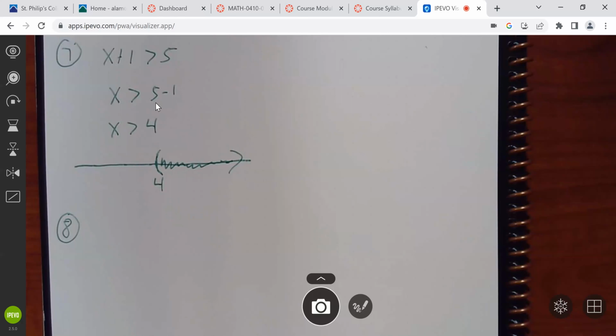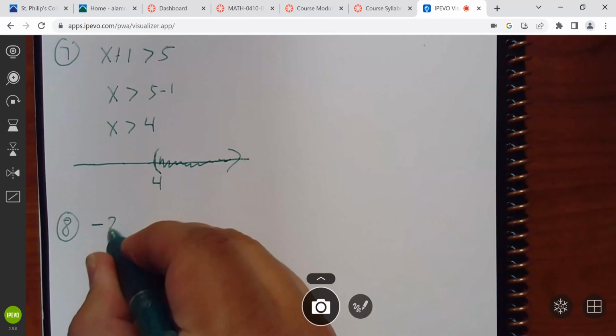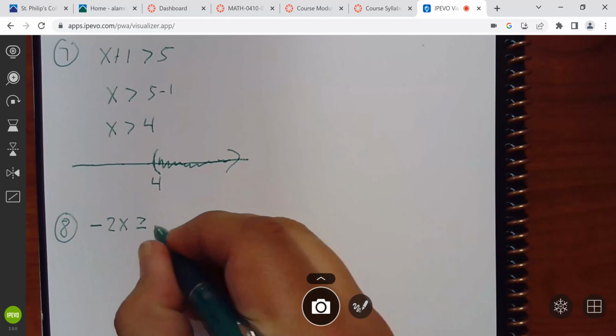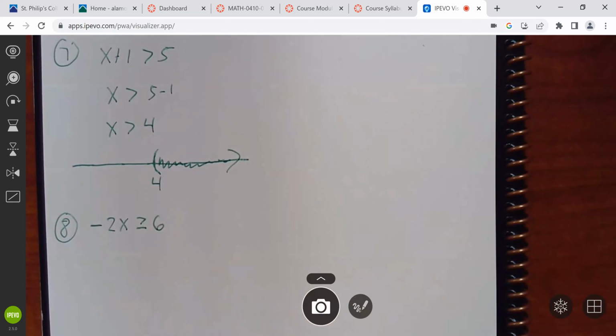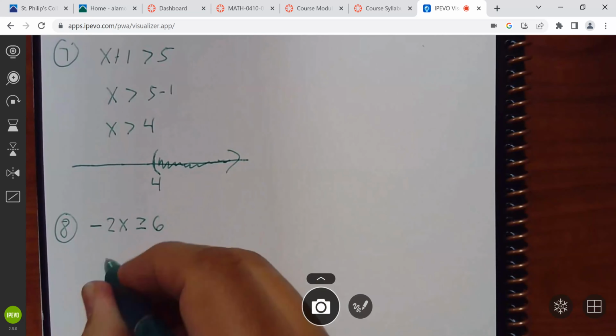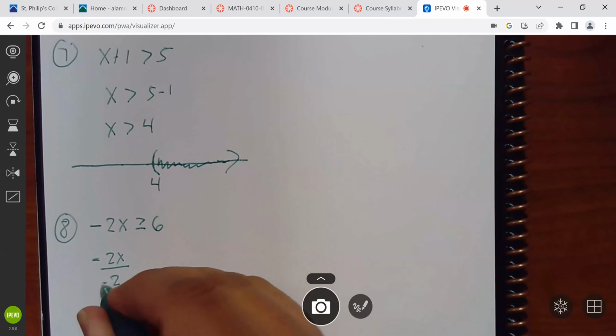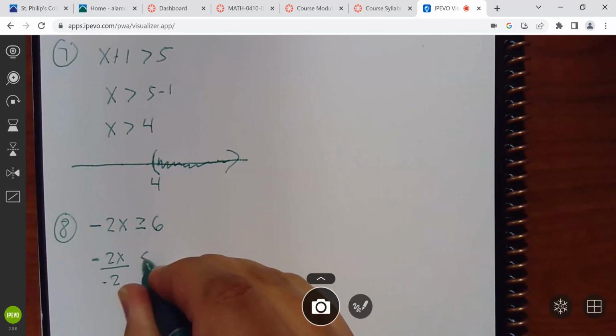What's going to happen on 8? What do you think, Serena? How do we divide? Yeah. Divide by -2, it's going to flip directions. That's the only time you have to be careful. Pay attention. Dividing by a negative, or multiplying by a negative, right away, just change it.